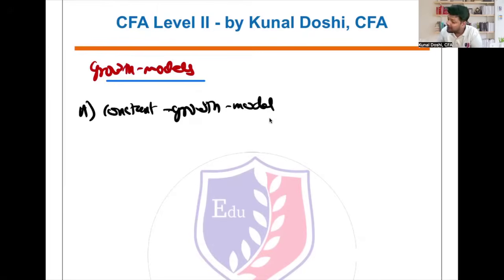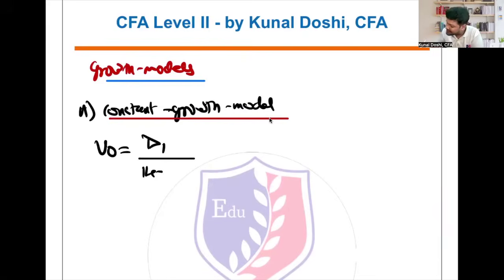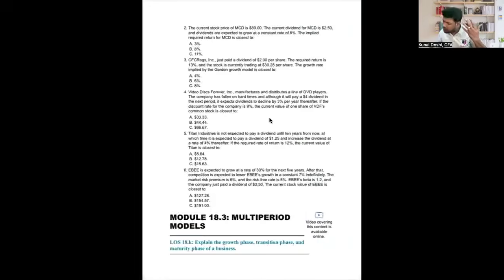Okay, the important word here is constant. In the constant growth model, V0 is based on next year's dividend over cost of equity minus g. Cost of equity, some use the reference as r. You can also use r. Correct? Very easy. Most of us are already aware of it.